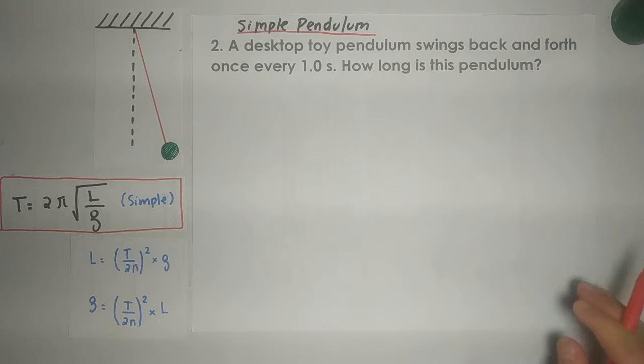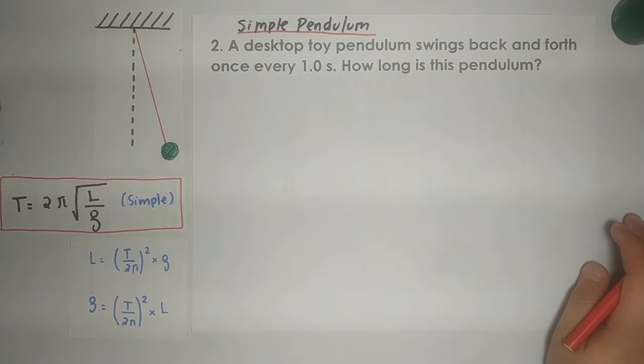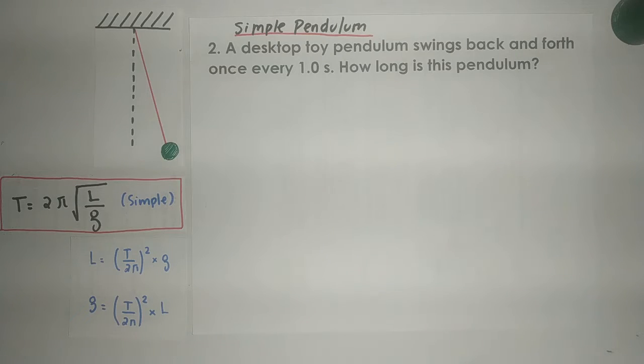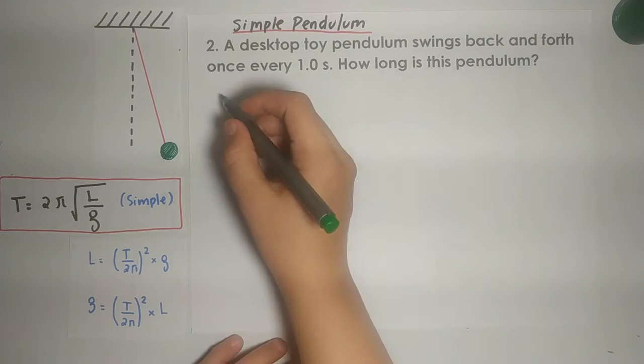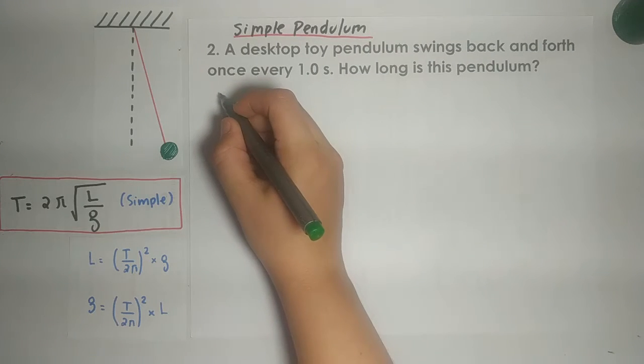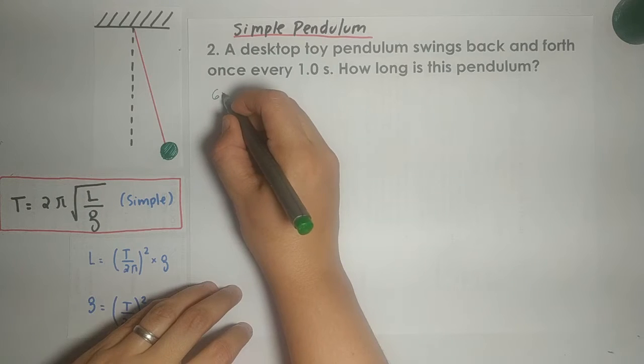Now let's take a look at the second example. A desktop toy pendulum swings back and forth once every 1 second. How long is this pendulum? So, what are my givens here?